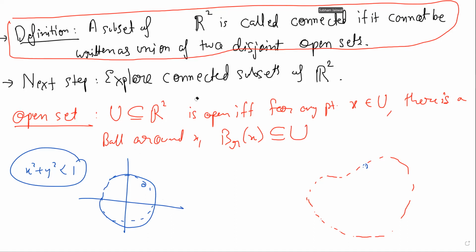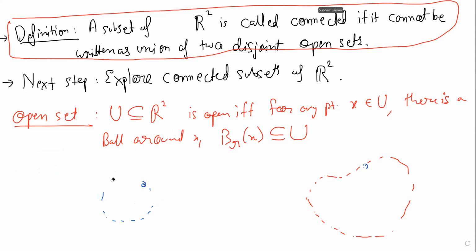In R, this ball will become an interval. In R2, it's a ball. In R3, it becomes a sphere, but we call them all balls, because the idea is the same. Open sets are important because if you're studying some local property like holomorphicity, then you want to be able to define a neighborhood around the points, inside the set.